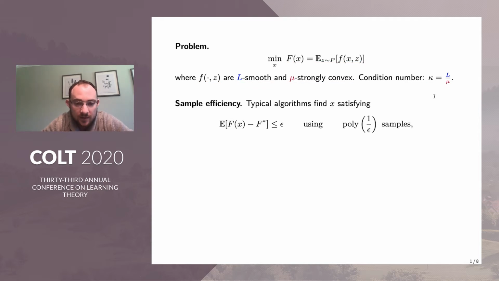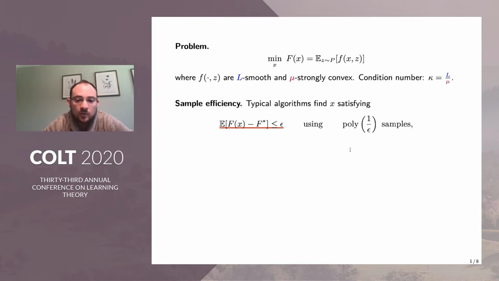Okay, so typical algorithms based on either empirical risk minimization or streaming algorithms like stochastic gradient methods find a point x whose expected function value gap is smaller than epsilon using poly 1 over epsilon samples. So that's the cost of such procedures.